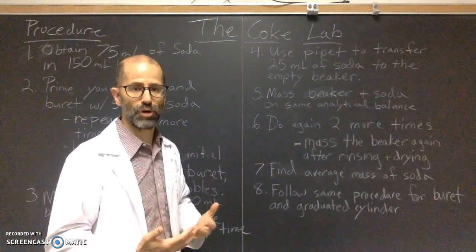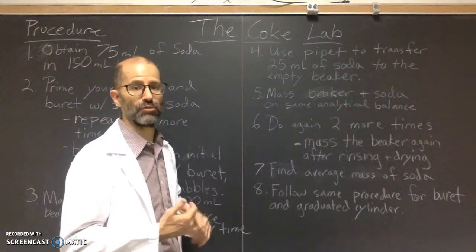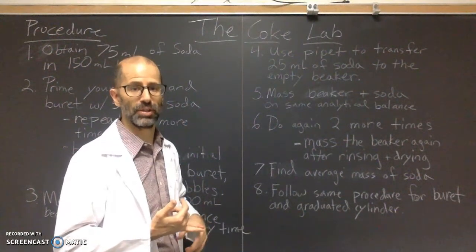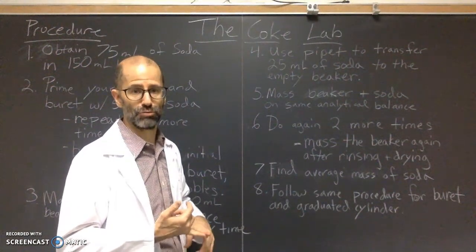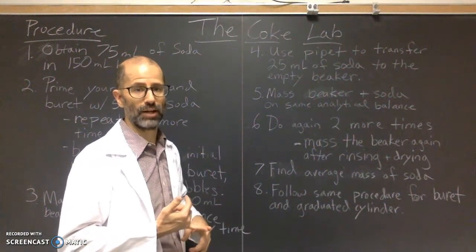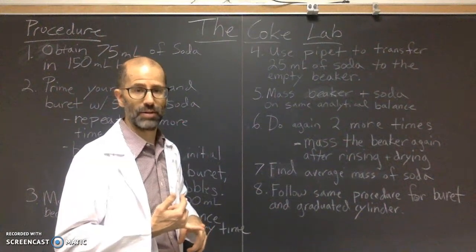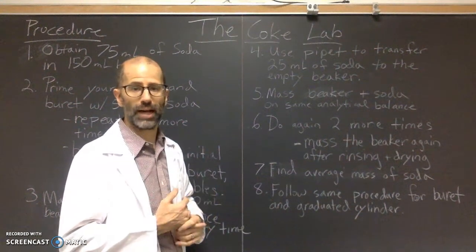So, and then after drying it, before you do another 25 milliliters, you've got to get the mass of the empty beaker again. You can't assume that the original mass that you got for the first trial using the pipette is the same as the second trial, because these are analytical balances.